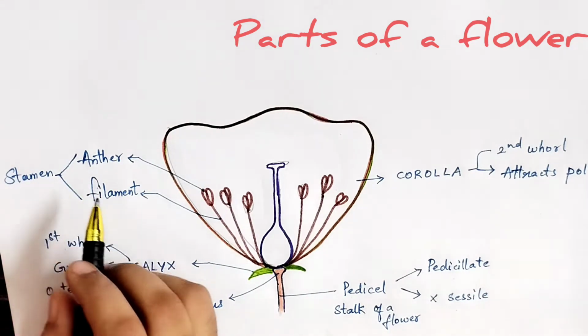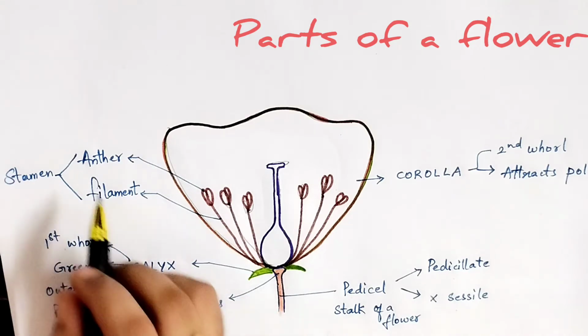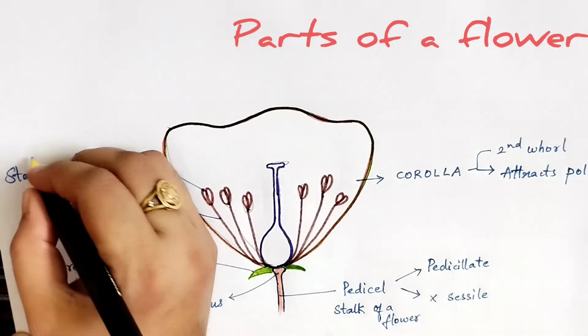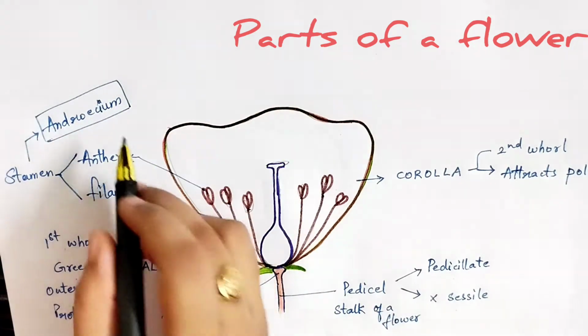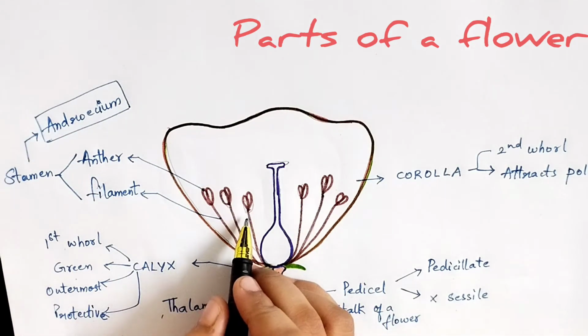Androecium is the male reproductive structure in the flower. So what is the unit of androecium? Stamen. This androecium is the third whorl and represents the male reproductive structure in the plant.